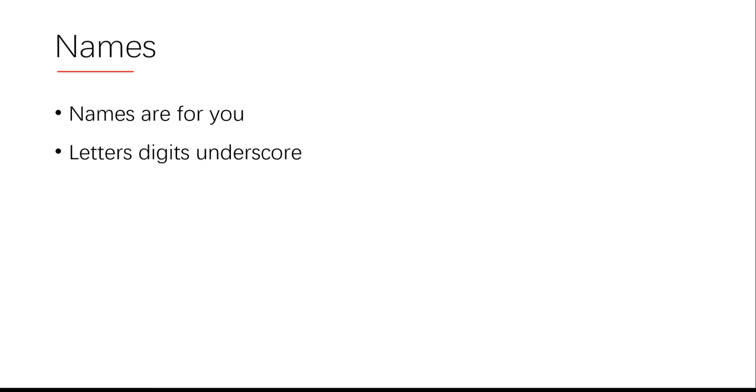Okay, and about the names. Actually, the name is for us, for you. The computer does not care about the name. It finds the variables by their address. So the name is for us, to make it more convenient to operate, and we can use letters, digits, and the underscore, or we can call it underline, to name the variables, but don't start with the underline.